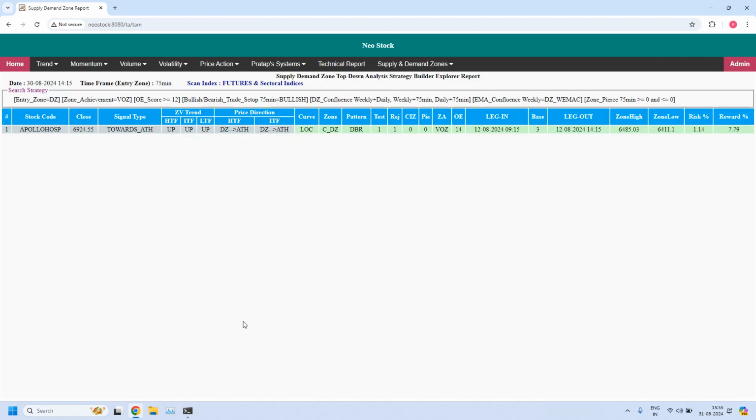Only one stock, Apollo Hospital, is filtered and its HTF trend is uptrend, good, and ITF and LTF zones are part of the HTF zone because we already verified LTF, ITF, HTF zone confluence. That means the 75 minute zone and daily zone are part of the weekly zone. Because the weekly trend is uptrend, we also looked for weekly EMA confluence. The stock is having even weekly EMA confluence. So it's a high probability trade setup.